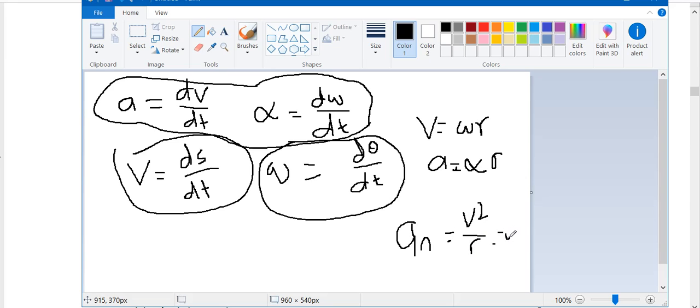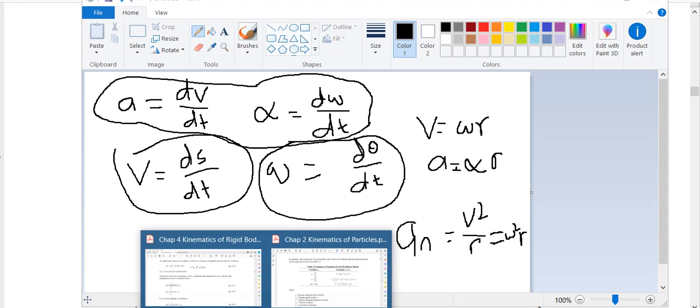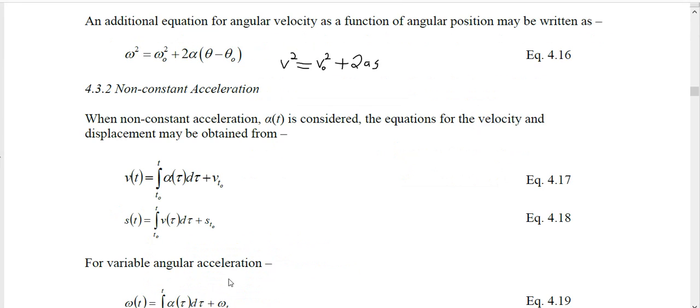Same thing, we can write omega square times r. So that is normal, that is tangential, and to find the combined a, it is the square root of this square plus this square. So hopefully I covered the theory, and next we will see some examples so that it is easy for you to understand. I will wrap up now. Thank you.